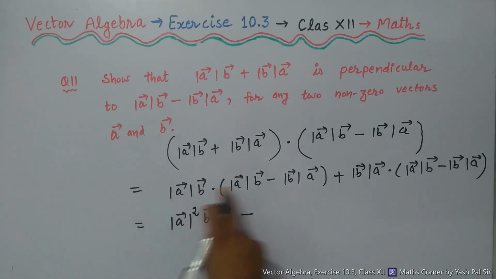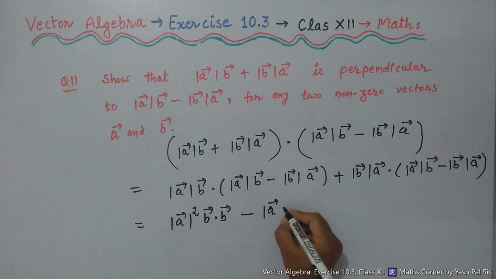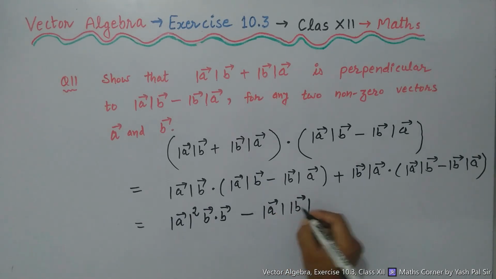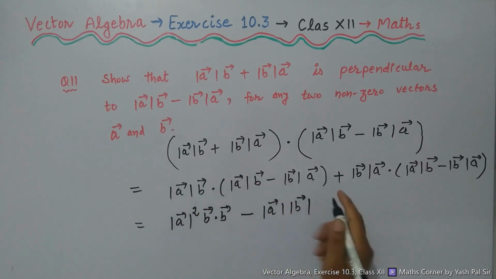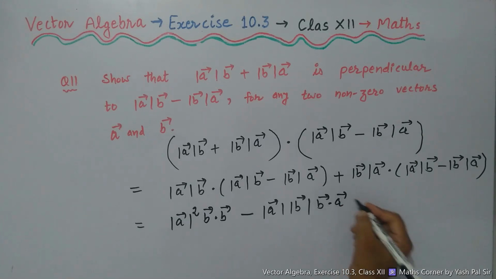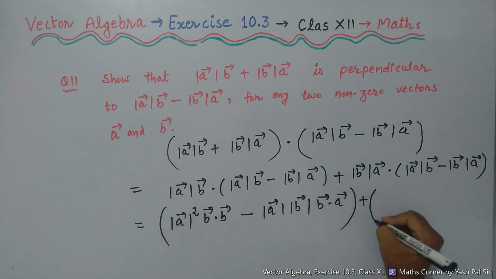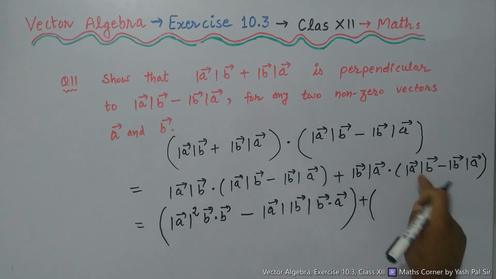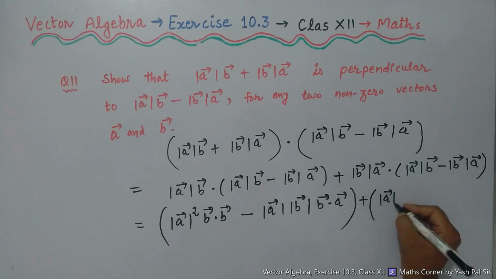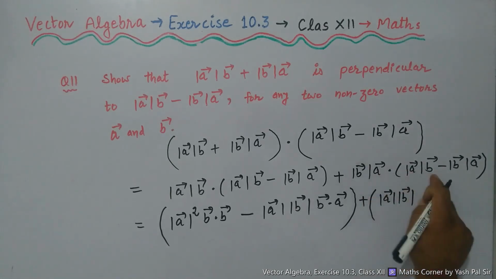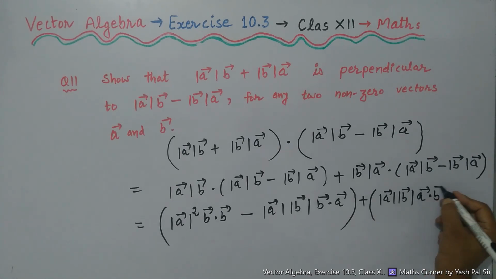Scalar is magnitude of A and magnitude of B, they are multiplied together, magnitude of A into magnitude of vector B. Vector quantities are B and vector A, so we write it as B dot vector A. Next one, this was the first bracket, plus second bracket, the scalar quantities are B and A, so we can write them as magnitude of A into magnitude of B into A dot B. Next minus symbol, magnitude B into magnitude B, magnitude B whole square, A dot A, second bracket close.